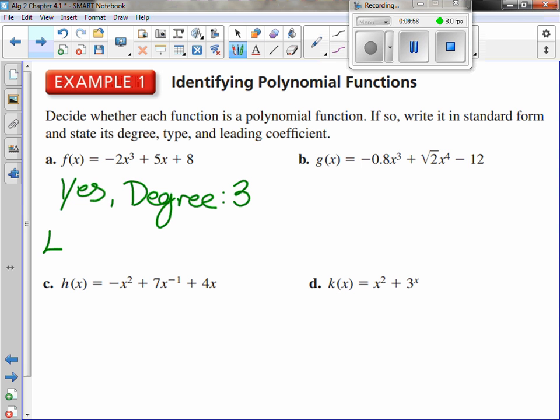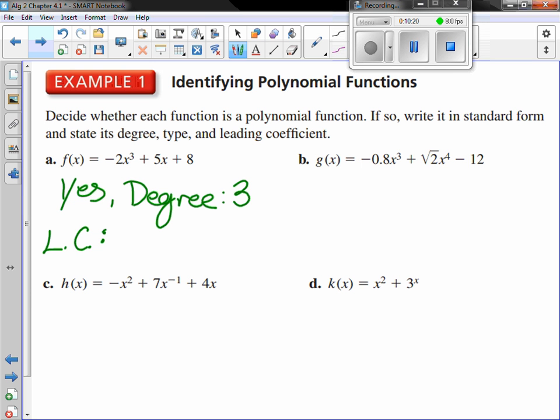Now, I abbreviate leading coefficient as LC, partly because I don't have space to write it on the board. The leading coefficient is what? The -2. It's the number in front of the variable with the biggest exponent.